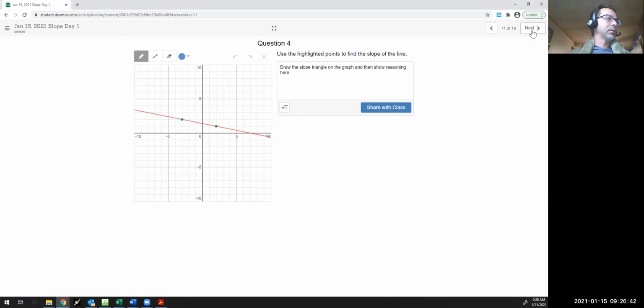Just always pay attention. Like this one has a negative slope, so there has to be a negative somewhere in your answer, one negative sign.